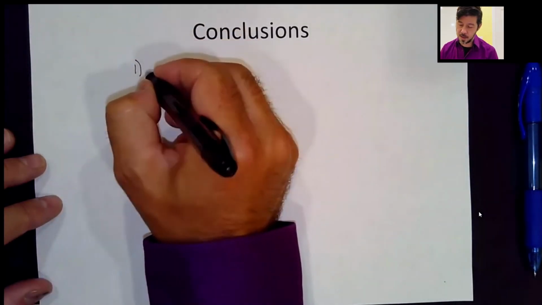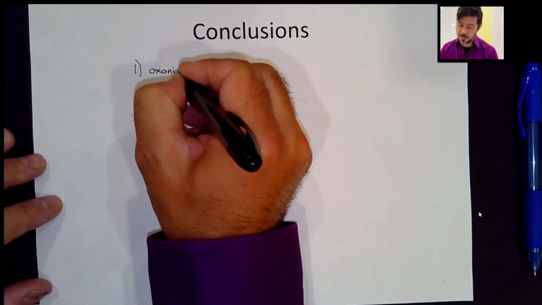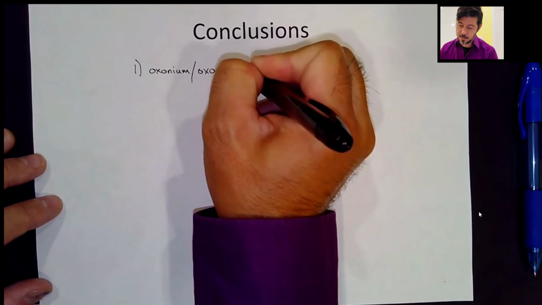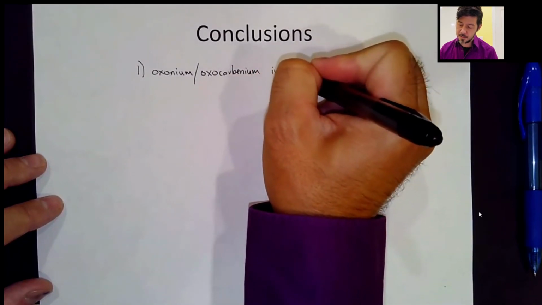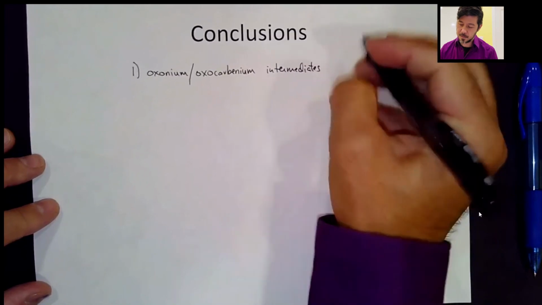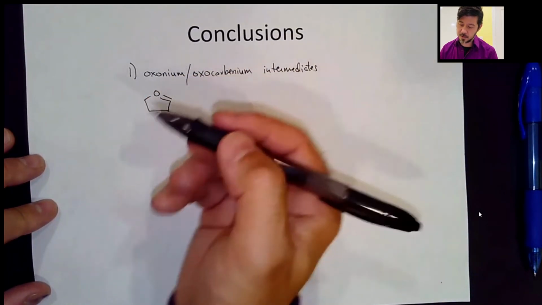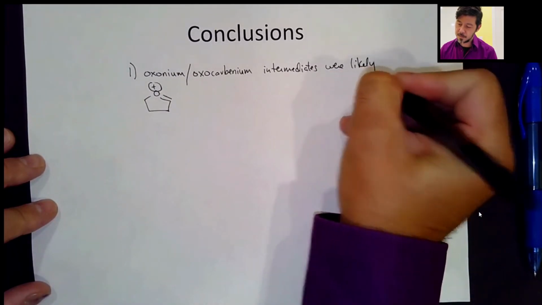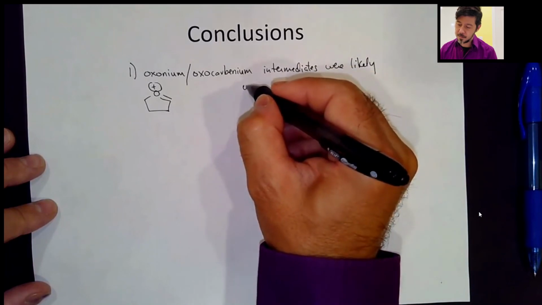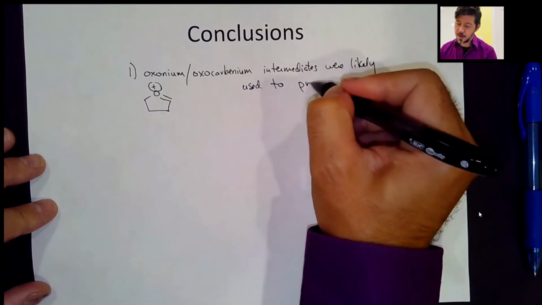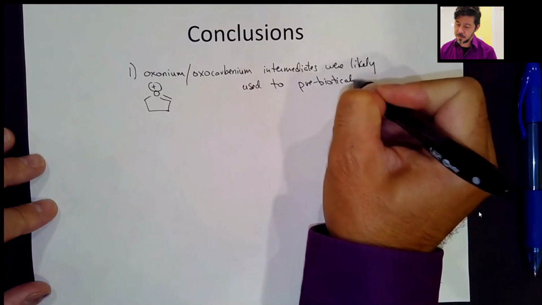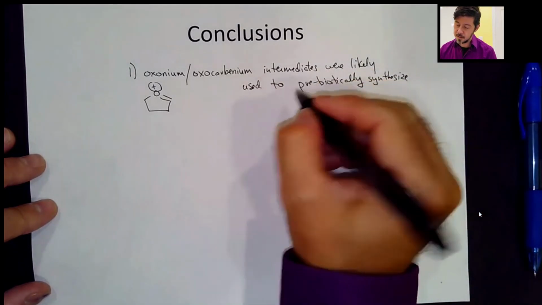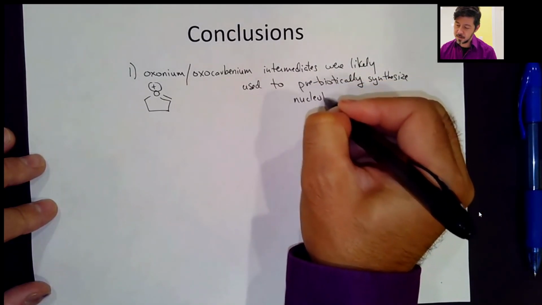So I'm just going to say that oxonium or oxocarbenium intermediates, okay, so these are these structures that look like this, were likely used to prebiotically synthesize nucleotides.